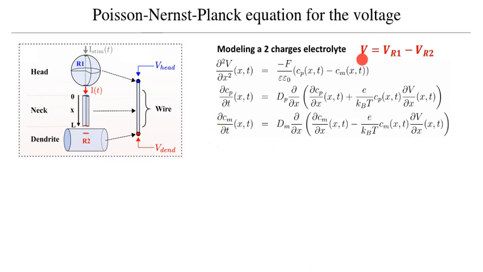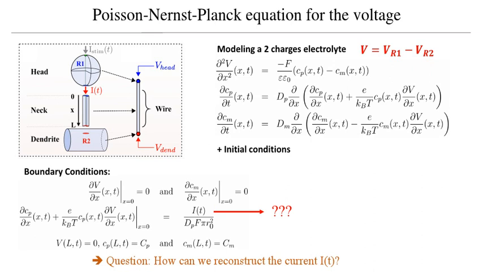And V here, the voltage, represents the difference of voltage between region 1 and region 2. Then we need to discuss the boundary conditions. The initial conditions here are not important because we are studying a transient problem.